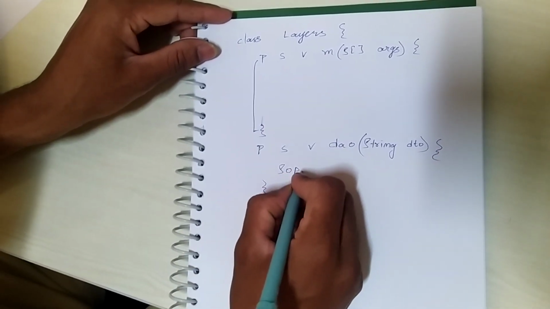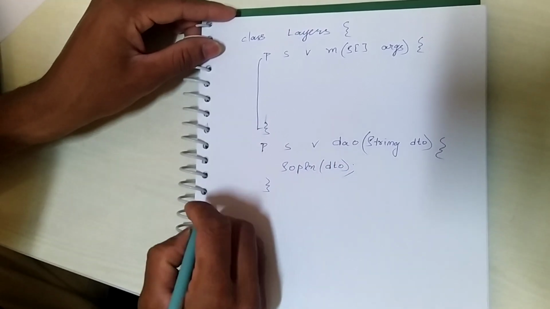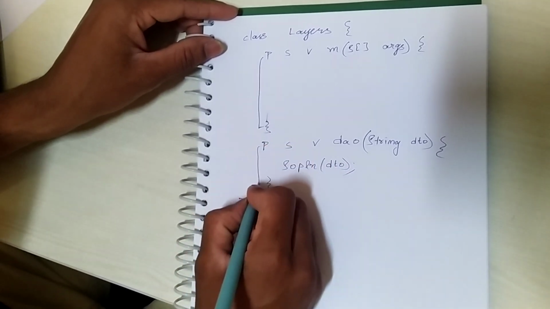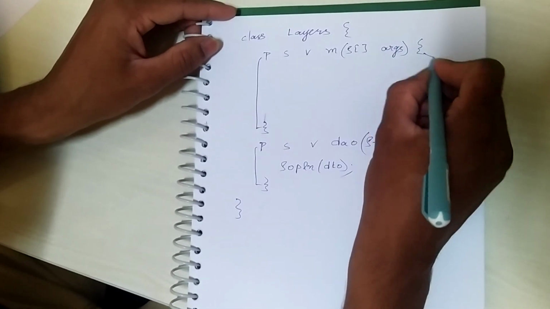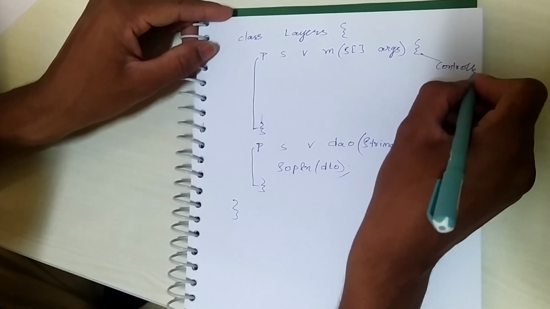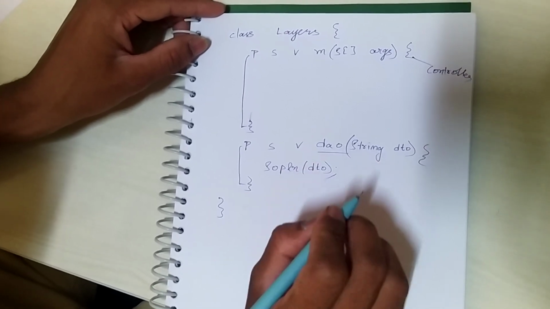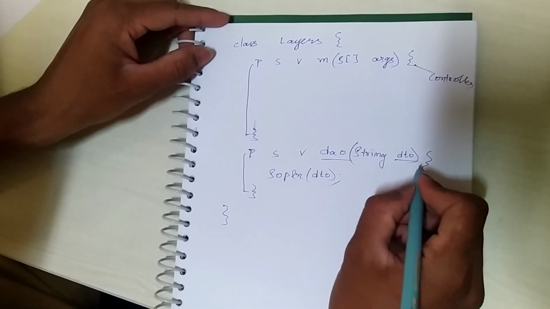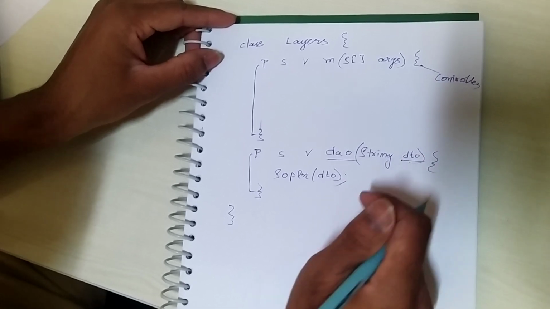We'll be accessing System.out.println of DTO. To understand these layers, this main method is nothing but the controller. And as the name itself specifies, this is the DAO, and we have declared one argument, DTO, which is used to collect the data.